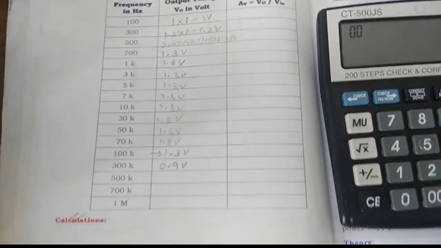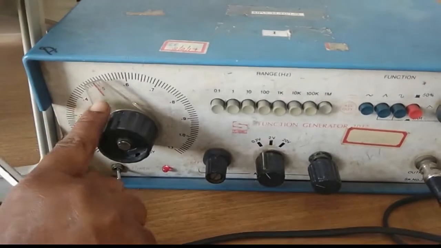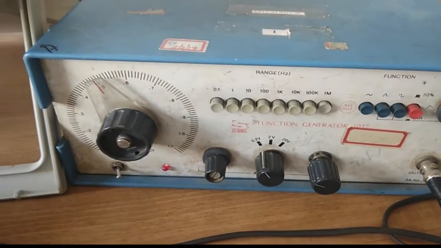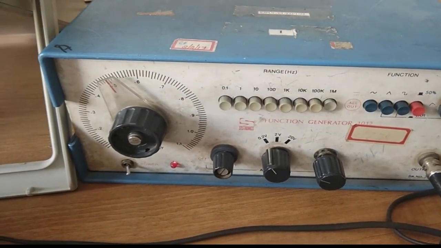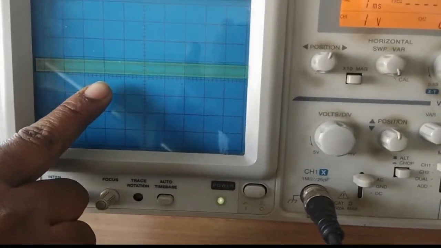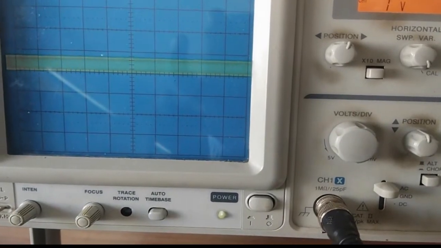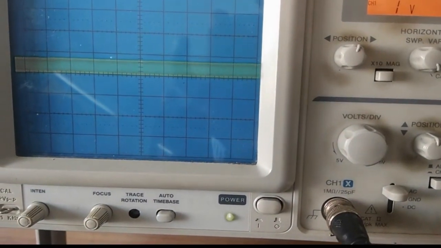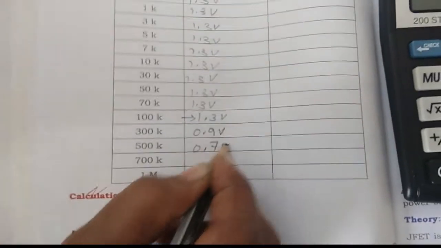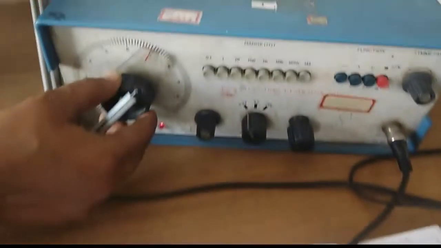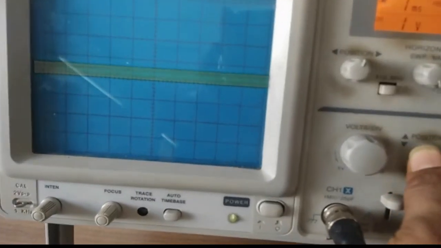Now I will change it to 500K, 0.5 into 1 mega, 0.5 mega, which is nothing but 500K. Now still there is a change in the waveform. Use this knob to adjust and see, 0.7 it is coming now. So I'll write 0.7 volt. Then 700K, I will readjust it.